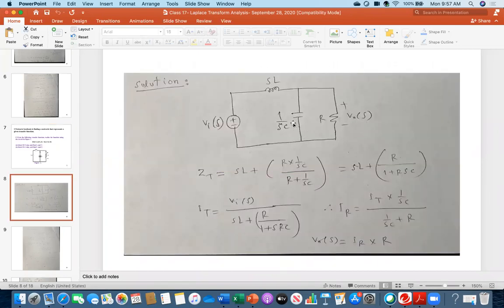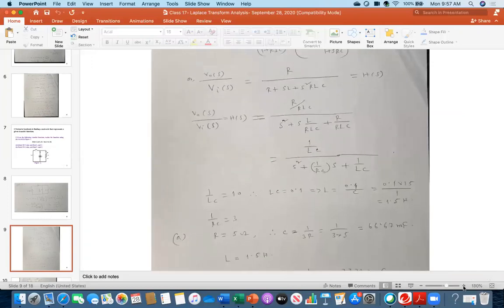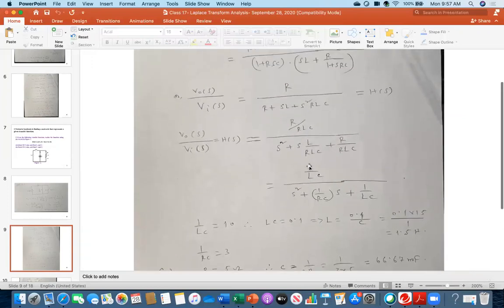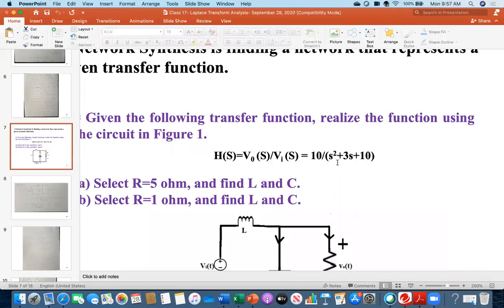After converting the circuit into the Laplace domain, I constructed the transfer function. This is my first line, but I have to make it similar to the given transfer function. So by looking at what was available here, that was my start point.